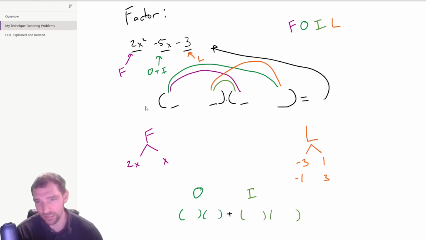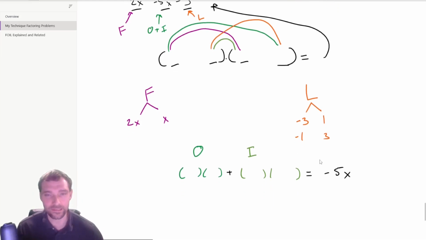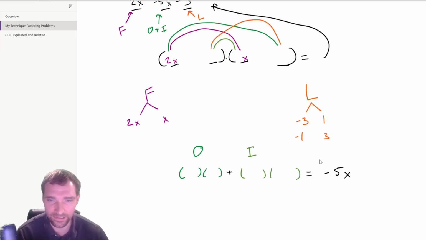And the important thing to keep in mind is the outside and the inside. When you combine those, that gave you a negative 5x. So if we look at that and we're considering this, it's a little bit of guess and check. This is where I do like the guess and check, and I kind of agree with what people say online, where it's like, okay, there's our first terms there, maybe a 2x and an x.